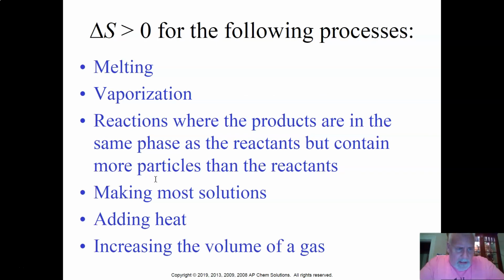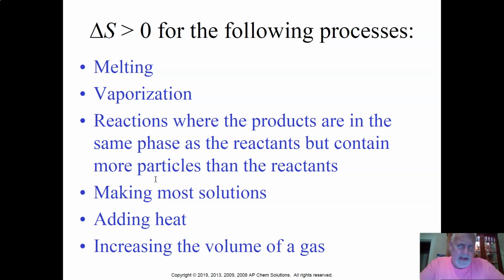Now, this next one is important because it gives us some idea on a chemical level. What are the things where the change in entropy will be greater than zero? Or you'll get more randomness. Melting, highlight that one. Highlight vaporization.